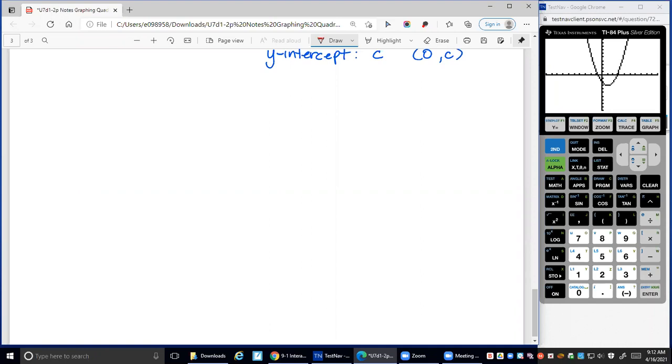So right here. Okay. And right here. So basically these are the steps. Step 1. So I'm going to say graphing quadratic functions. Let me know if you need it larger.